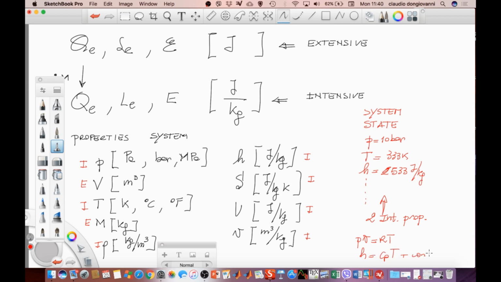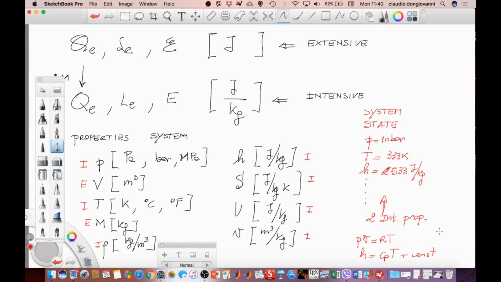If you provide the temperature, you also provide the enthalpy. So you need only 2 properties. The other one can be directly derived without problem. There are many physical relationships between them.